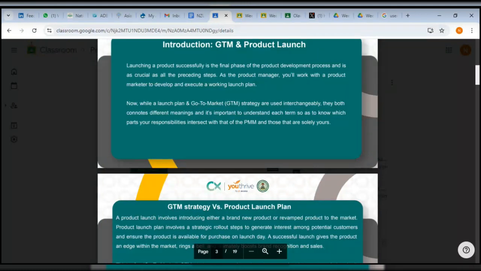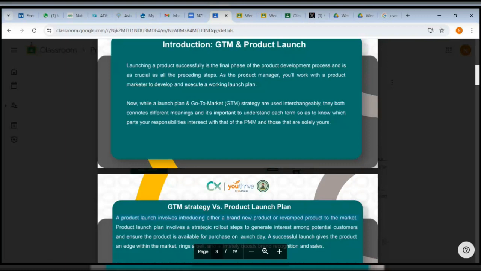So it feels like there is no difference between them, but there is, and the roles that you play as a product manager for both of them also differ. What you would take on for each of these stages would differ, and how you collaborate with the PMM, the product marketing manager, will also be slightly different.